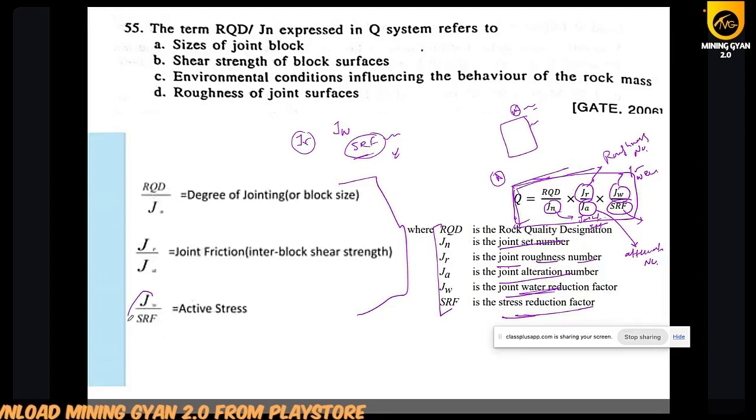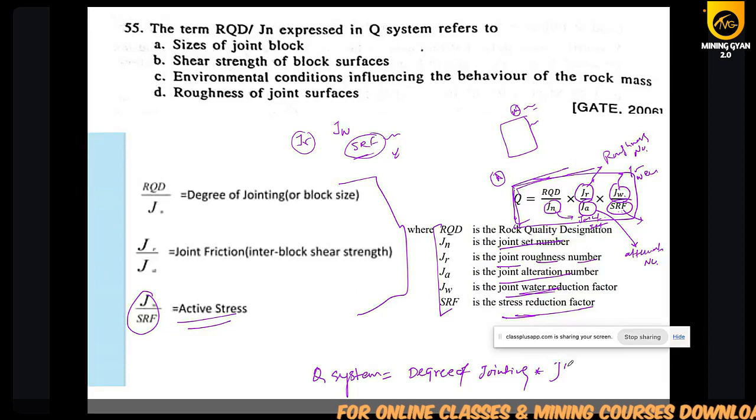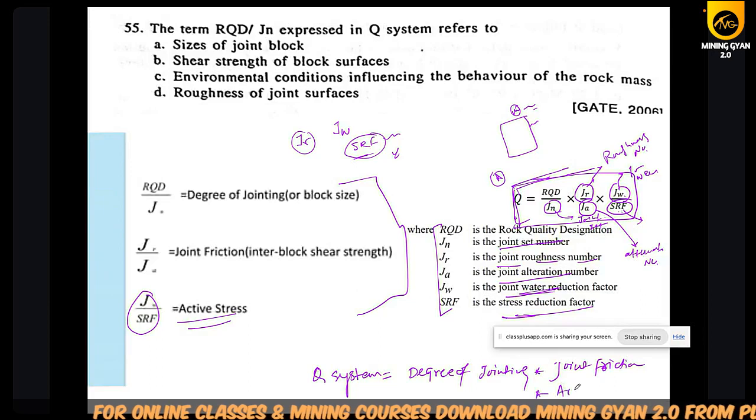So what is JW upon SRF? JW upon SRF is known as the active stress. You can also write that the Q system will be the multiplication of the degree of jointing, multiplied by joint friction, multiplied by the active stress.